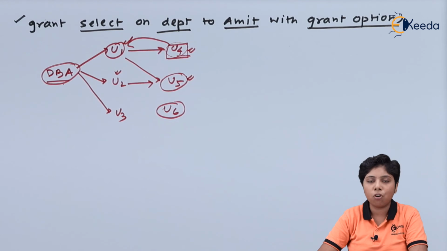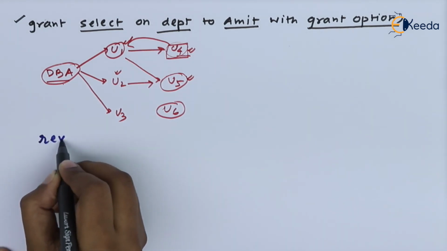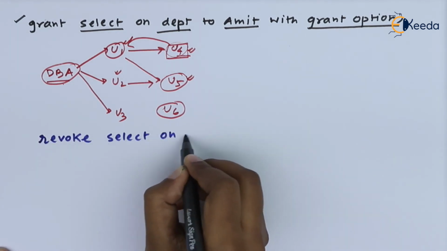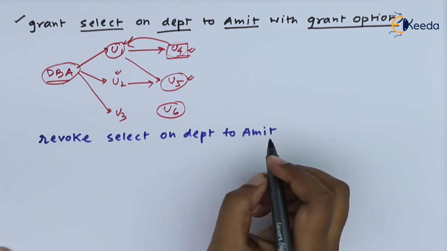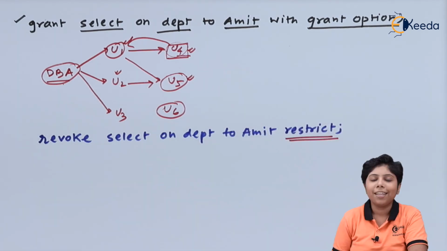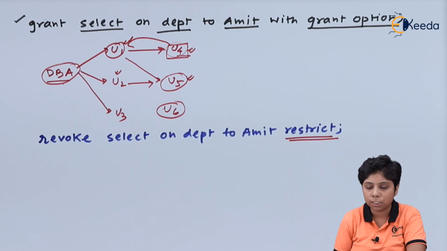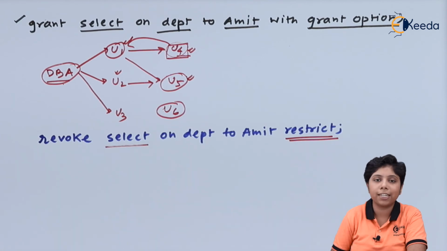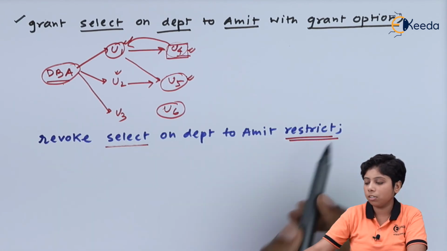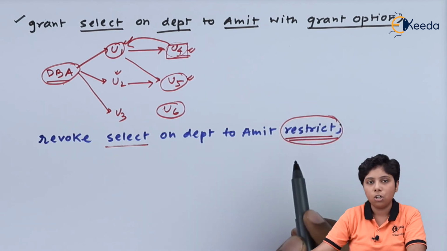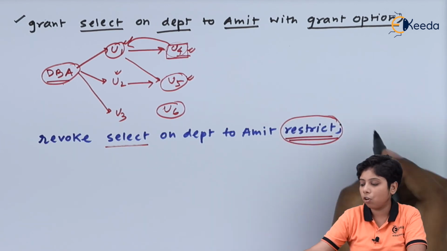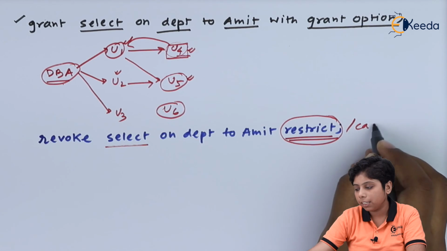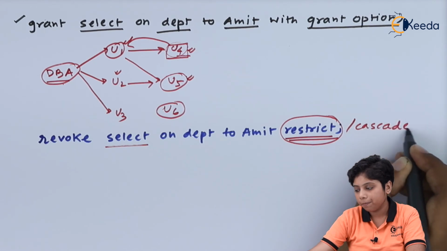So we can revoke it with the revoke statement. Here the keyword restrict suggests that cascading deletion or updation is not possible, or that revoking the grant cascadingly is not possible because of this restrict keyword. We can replace the restrict keyword with the cascade keyword too.